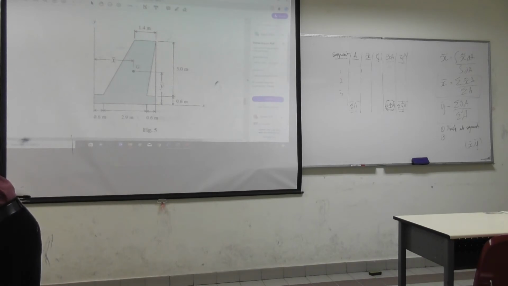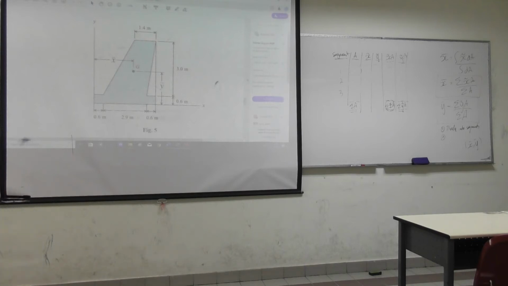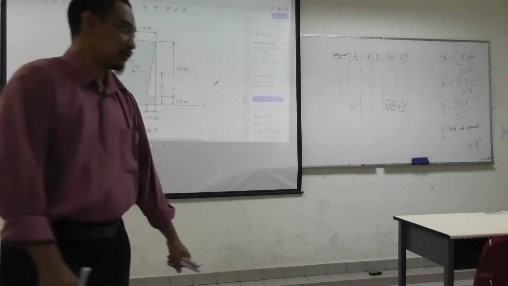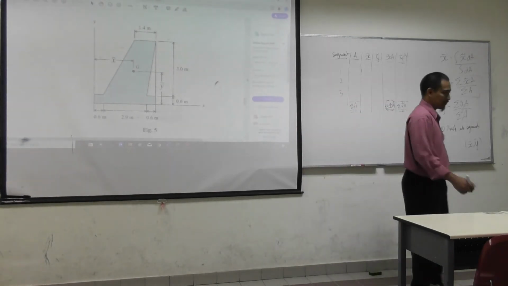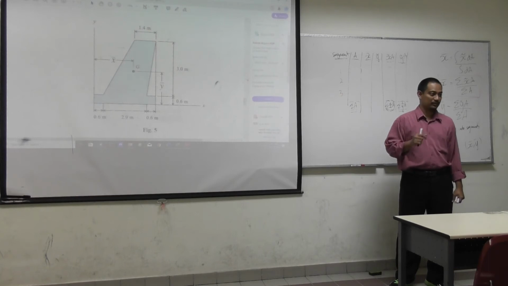You can try, but the easiest and most straightforward is normally to divide into shapes whose centroid we know straight away, without long calculation.